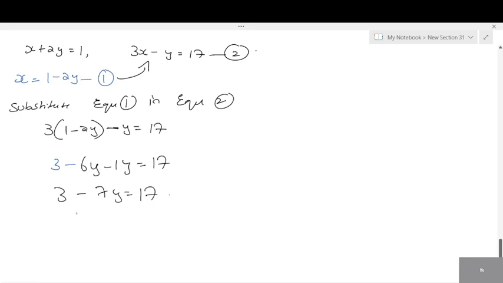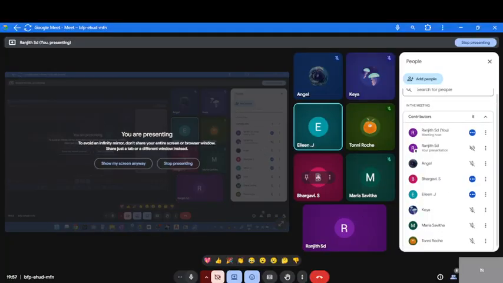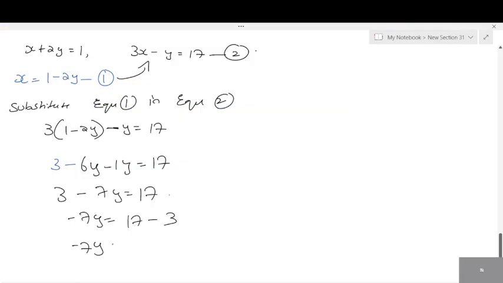What's the next one? Be quick. Which one do I have to shift? 17 minus 3. 17 minus 3 is 14.